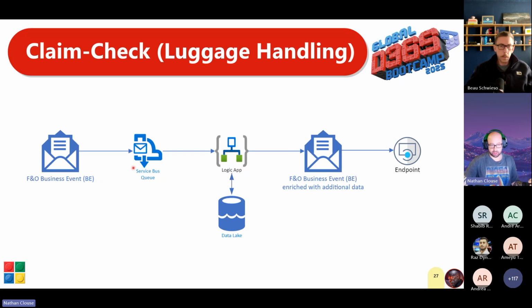So once we say we've generated our first 90 days past due claim letter, we have an event that goes out to our logic app, and our logic app triggers, it says we've got a customer that has a bunch of stuff that's 90 days past due, and we go to the data lake and find out what all that stuff is, and generate a new message to send it off to some other system.